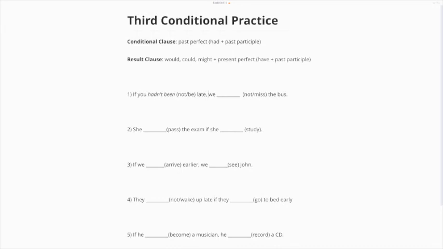and now here we have a comma to separate the conditional clause from the result clause. So we're going to complete this. It says we not miss the bus. So remember that in the result clause, we use would, could, or might. So we're going to start with the word would.